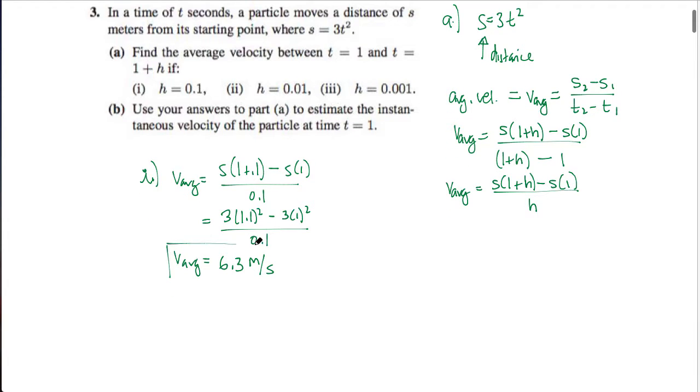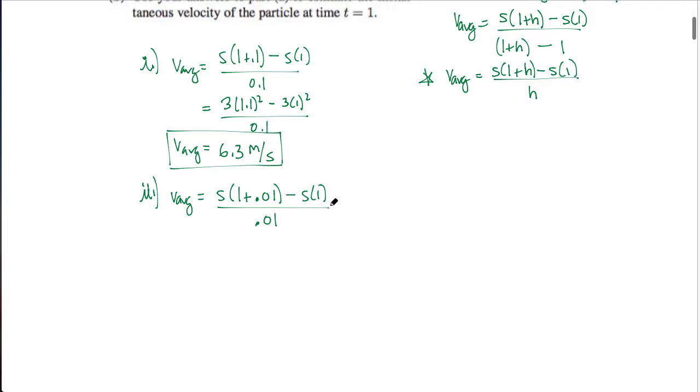So that's part 1. Part 2, we're going to have h as a smaller value. So v average, in this case, will be s of 1 plus 0.01 minus s of 1 all over my new h, which is 0.01. Again, you can look over here if you want to know where this is coming from.